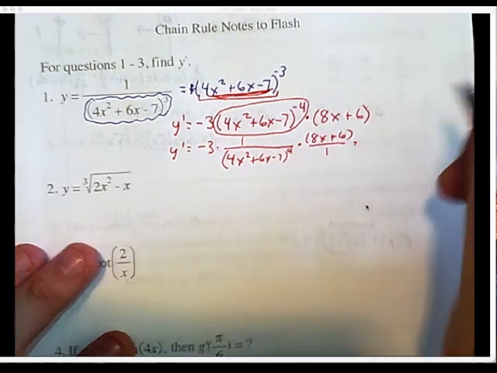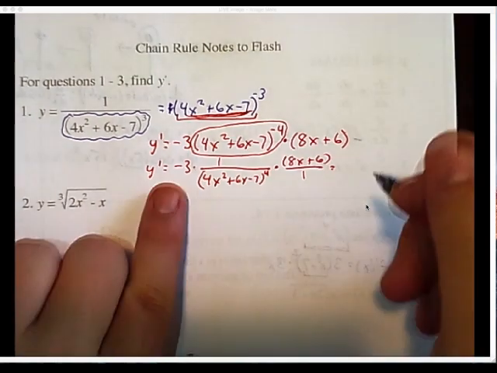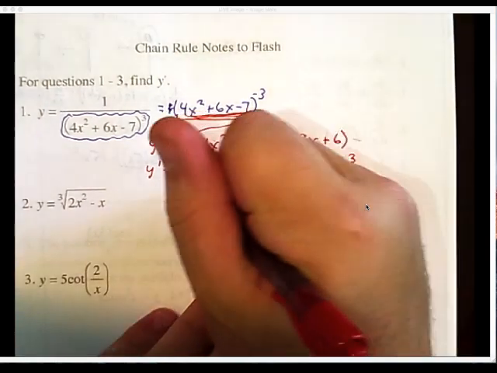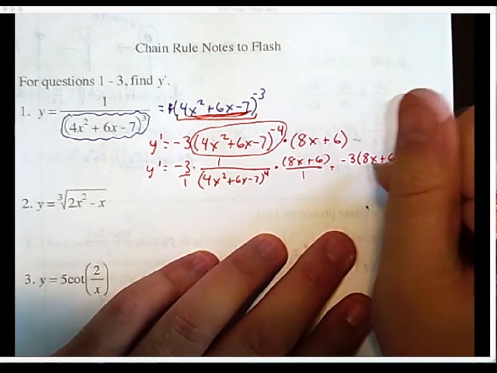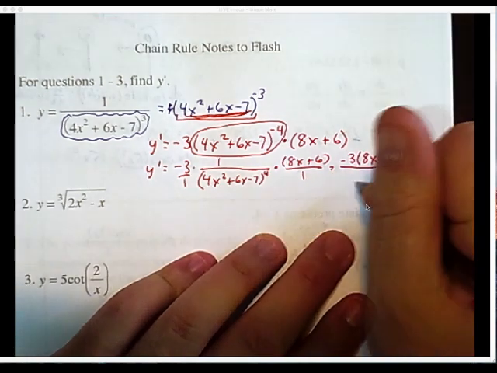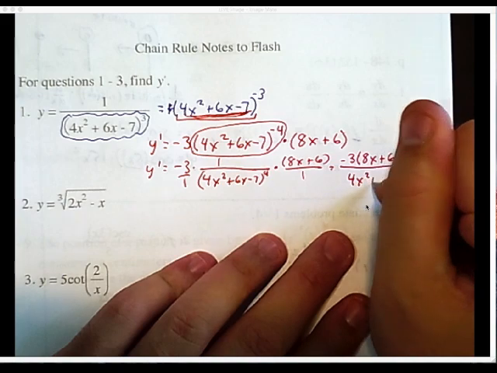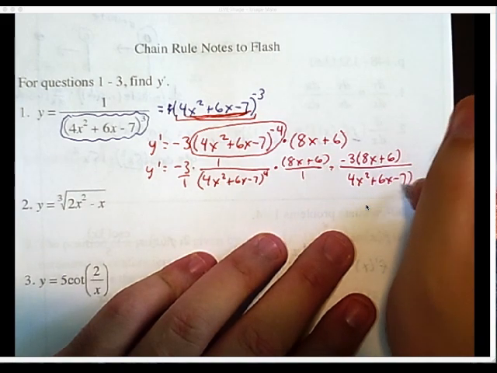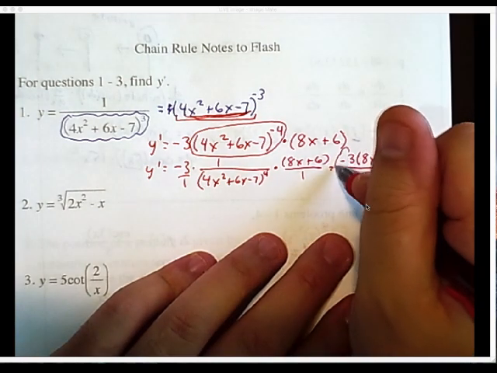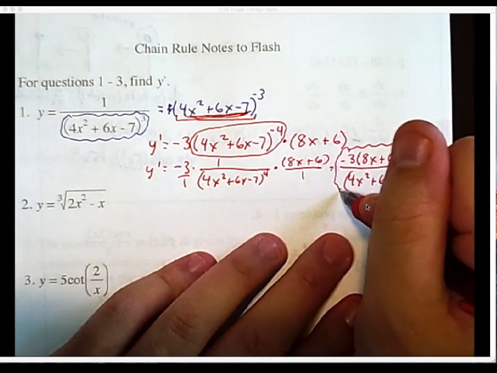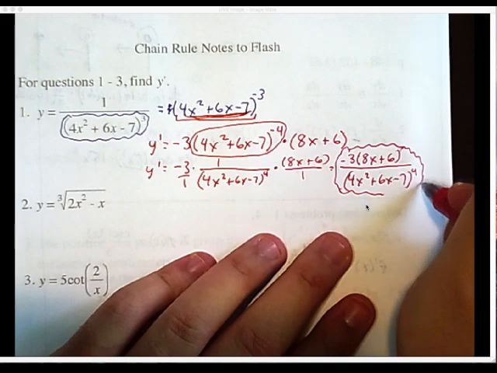So if we wanted to rewrite it, you have a -3, which is like -3 over 1, times this 8x plus 6, all over 4x squared plus 6x minus 7 raised to the 4th power. And this would probably be the answer that's on the paper.